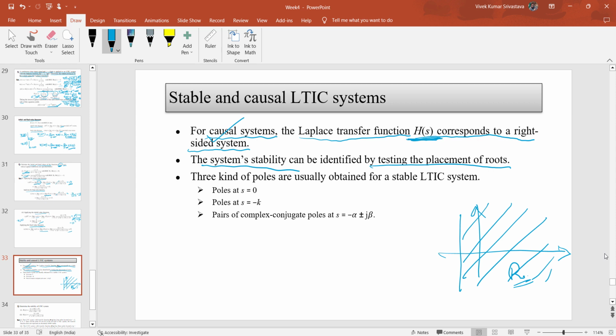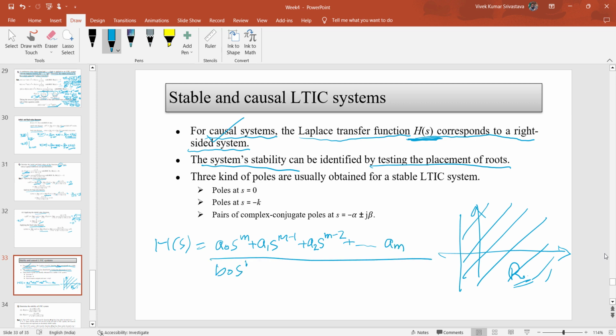Let us suppose H(s) is given to us as a0 s to the power m plus a1 s to the power m minus 1 plus a2 s to the power m minus 2 plus dot dot dot plus am, over b0 s to the power n plus b1 s to the power n minus 1 plus b2 s to the power n minus 2 plus dot dot dot plus bn.